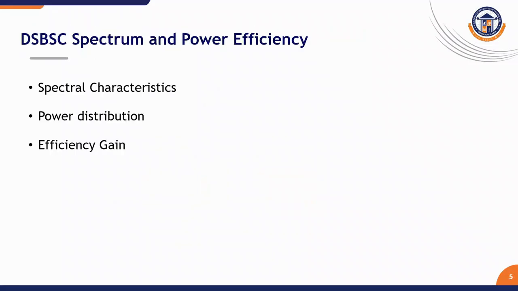The spectrum of a DSB-SC signal consists of two sidebands symmetrically located around the carrier frequency. Even though the carrier is suppressed, the total bandwidth needed is still twice the message bandwidth. Therefore DSB-SC improves power efficiency, but it doesn't offer any bandwidth savings when compared to conventional AM systems.